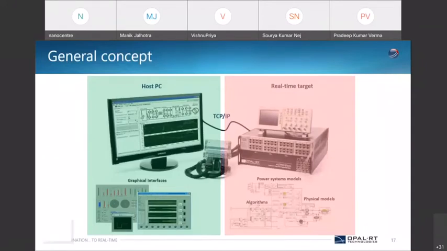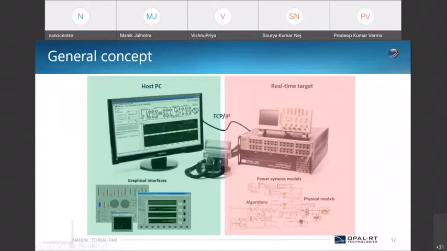I assume there are no doubts. So we'll try to understand, if we have a real-time simulator with us, how exactly we can integrate a real-time simulator with a host PC. A host PC is where we have our MATLAB running, and we'll develop our simulations.